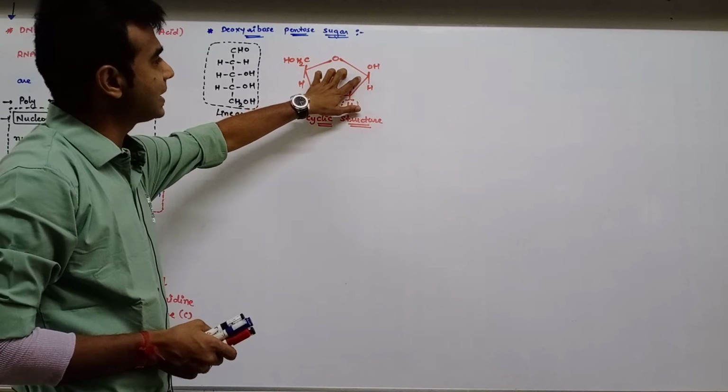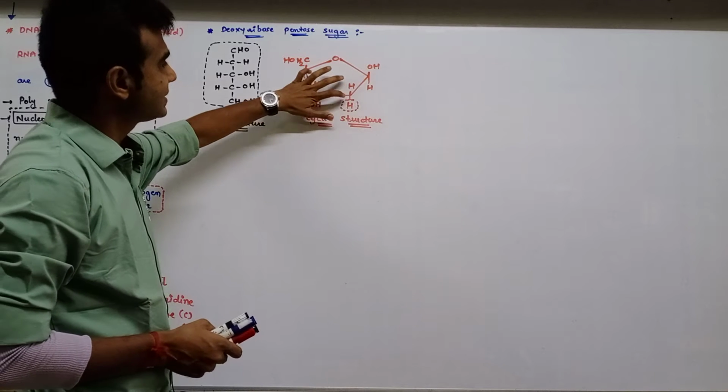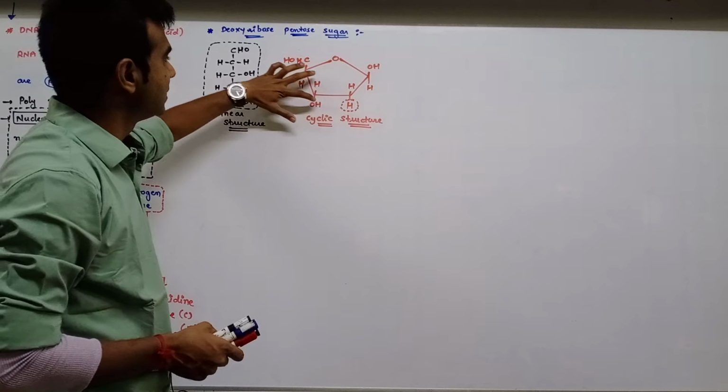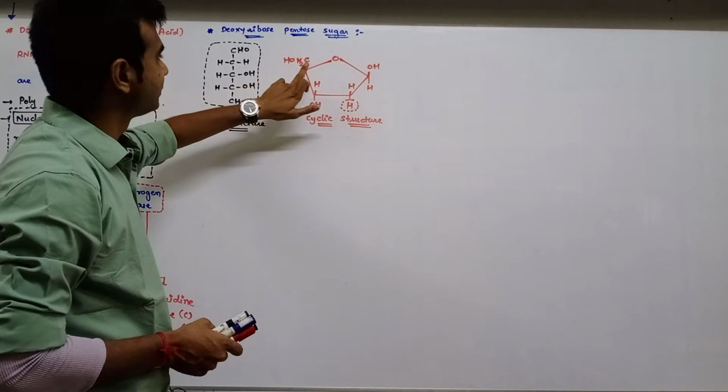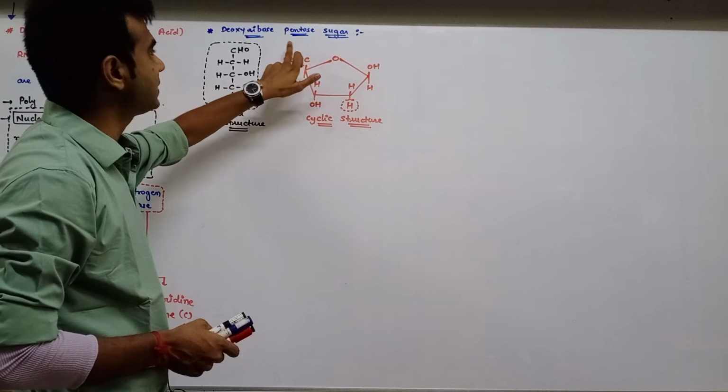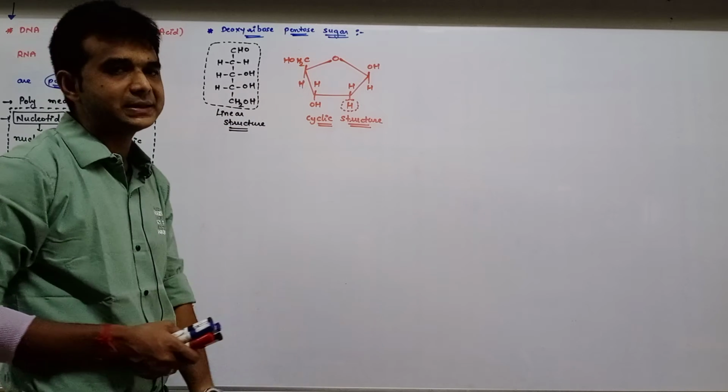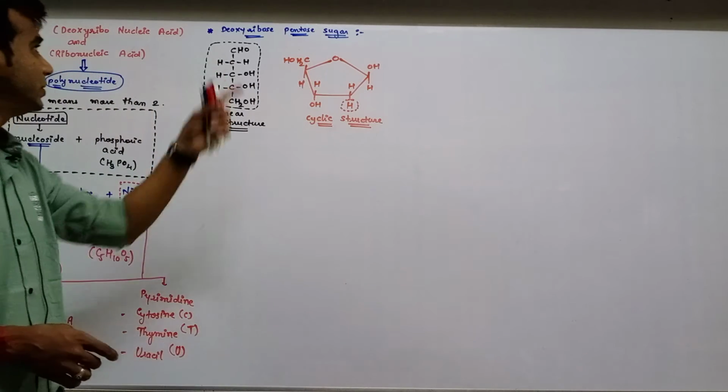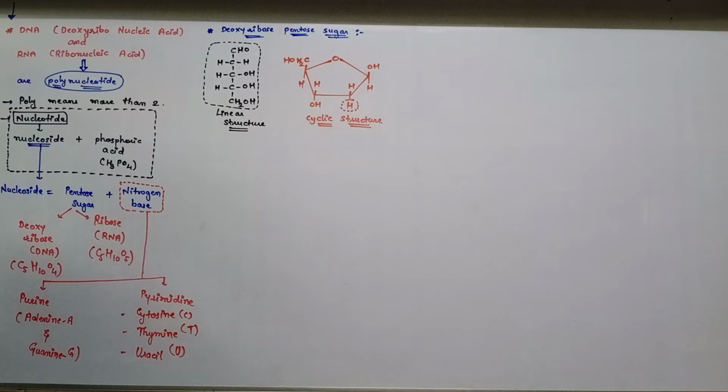On the first carbon OH H, second carbon HH, third carbon HOH, and on the fourth carbon the fifth carbon is there, and H. You have to remember this cyclic structure.